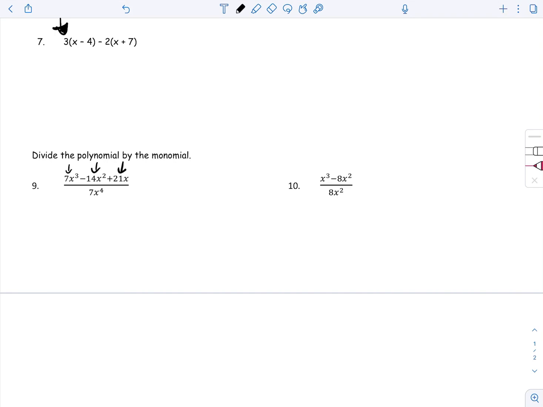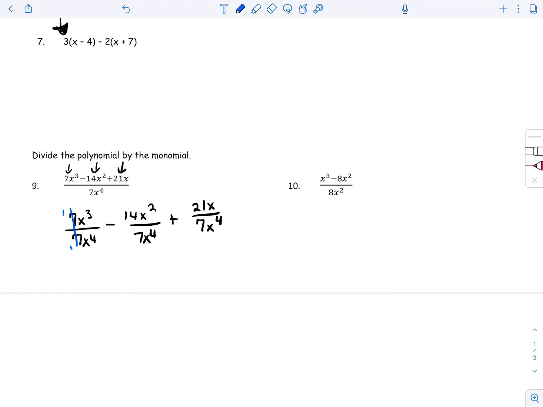So we could rewrite the problem as 7x cubed divided by 7x to the 4th minus 14x squared divided by 7x to the 4th plus 21x divided by 7x to the 4th. Now in simplifying, 7 divided by 7 we know is 1. So that just turns into 1 and 1.